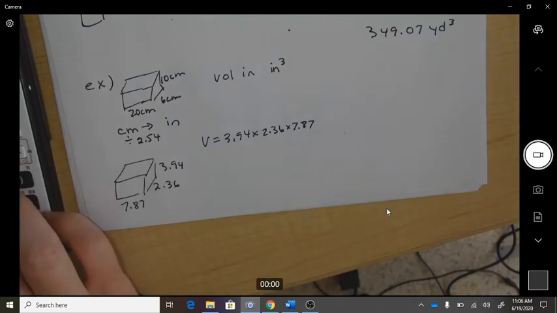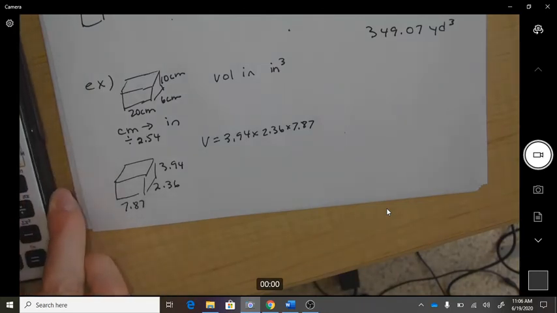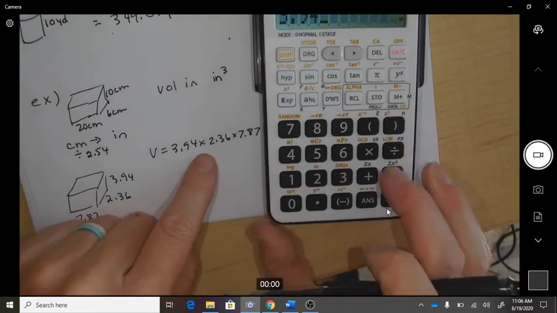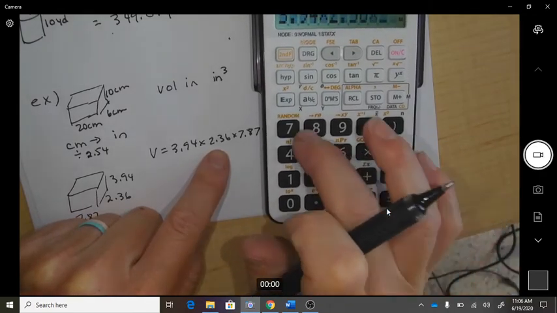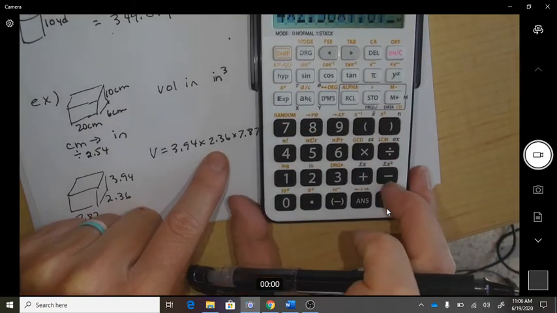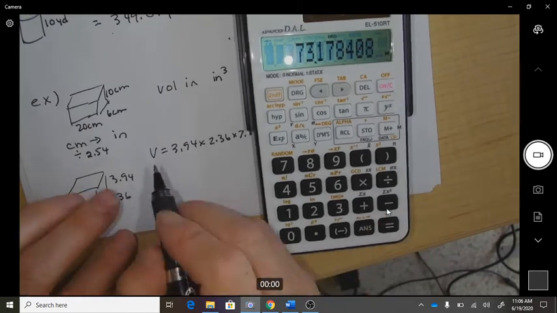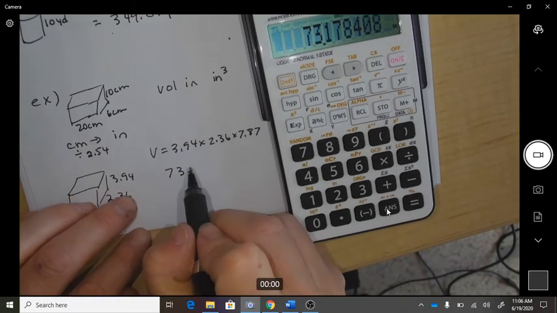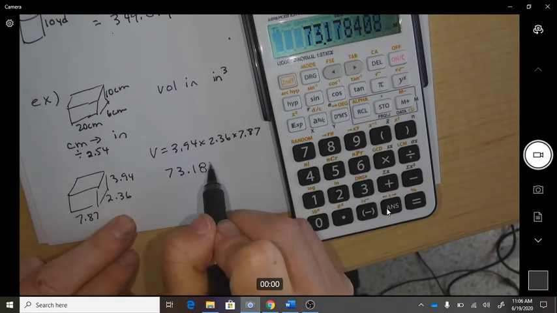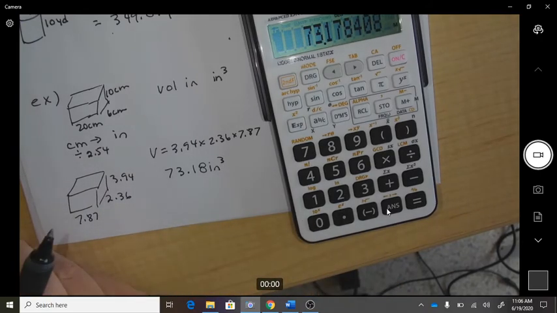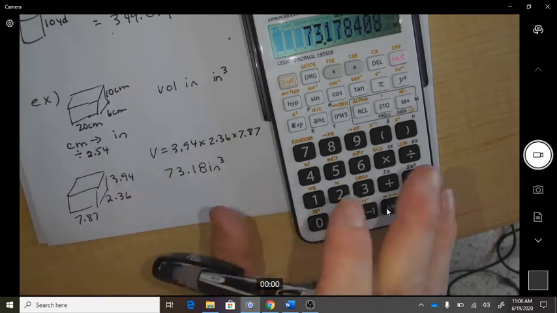So I don't really like this method right now because there is going to be probably a little more rounding than you want. So 73.18. So that was with a little bit of rounding, right? Because those were all rounded numbers.